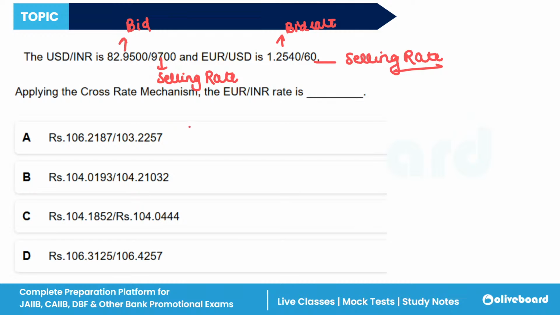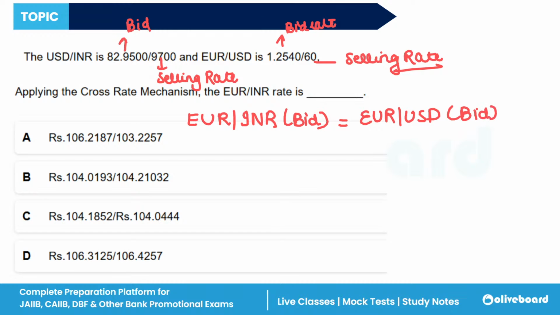To calculate the Euro INR bid rate, we have to take the Euro US dollar bid rate and multiply it by the US dollar INR bid rate. Correct? So it is equal to the bid rate here.